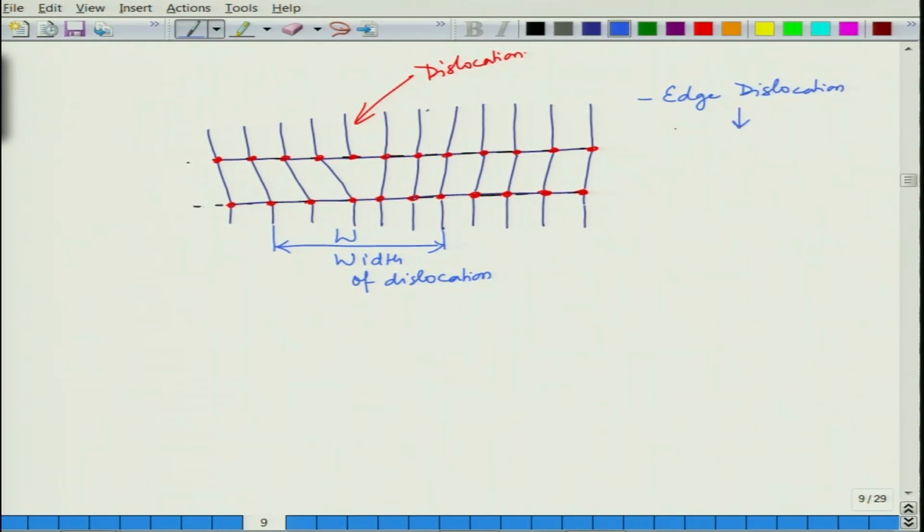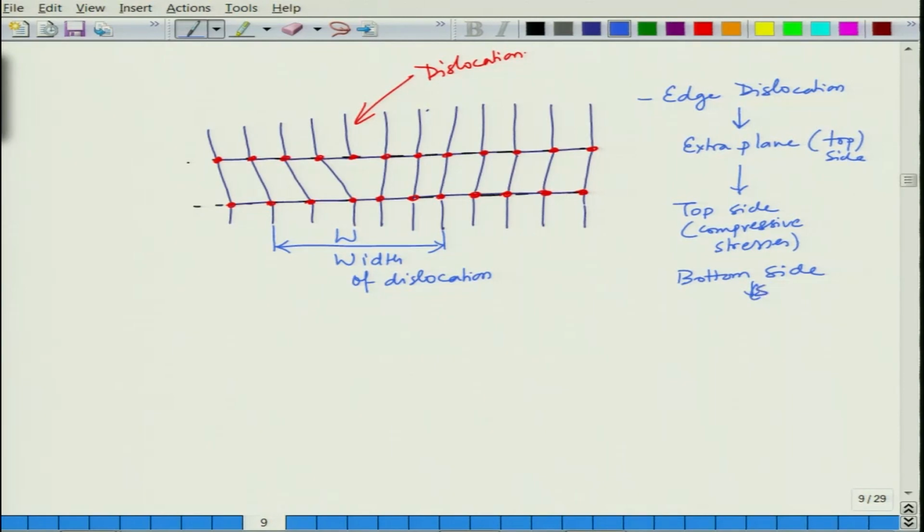Let's say we have an edge dislocation. Edge dislocation means you have an extra plane, let's say on the top side. If it is on the top side, the top side will expand and the bottom side will contract. As a result, the top side will face compressive stress and the bottom side will have tensile stresses.